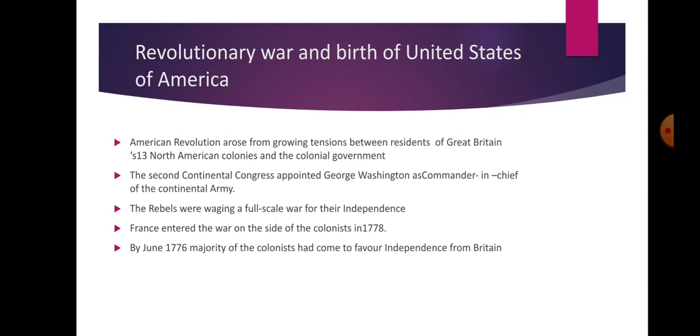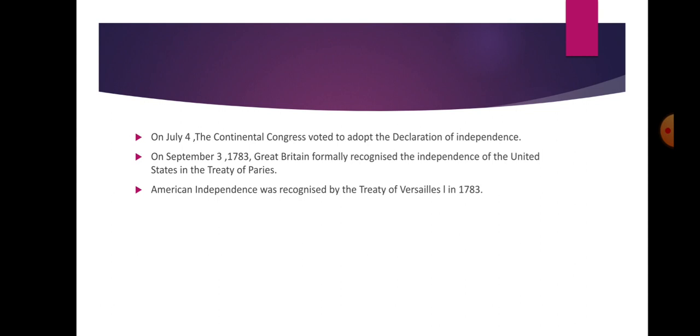By June 1776, with the Revolutionary War in full swing, a growing majority of colonists had come to favor independence from Britain. All the colonists joined in order to get independence from Britain.